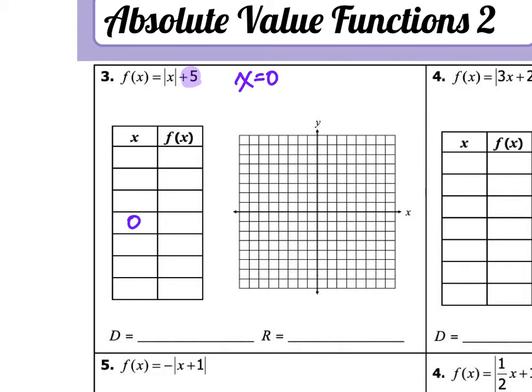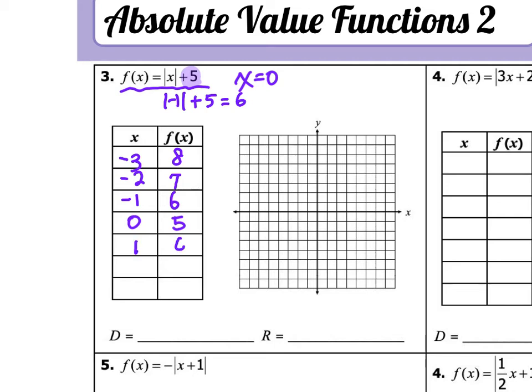When x is 0, you plug into the original function and that will give you 5. When x is -1, it will come out as 1 plus 5, which is 6. When x is -2, it will be 7. When x is -3, it will be 8.